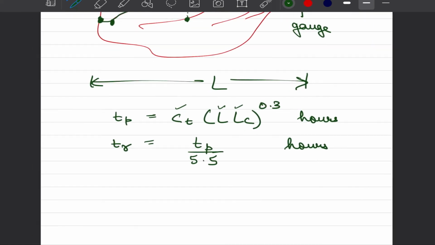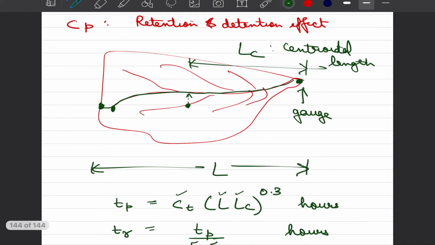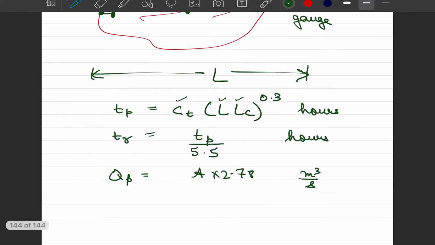Further, it was proposed that if we have to measure QP, it is essentially given by the area of the watershed into 2.78, if we are accounting for units in meter cube per second, because everything is in hours, divided by the average intensity of precipitation.